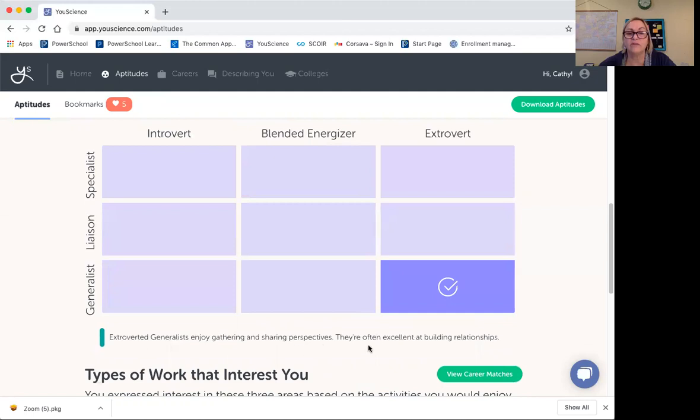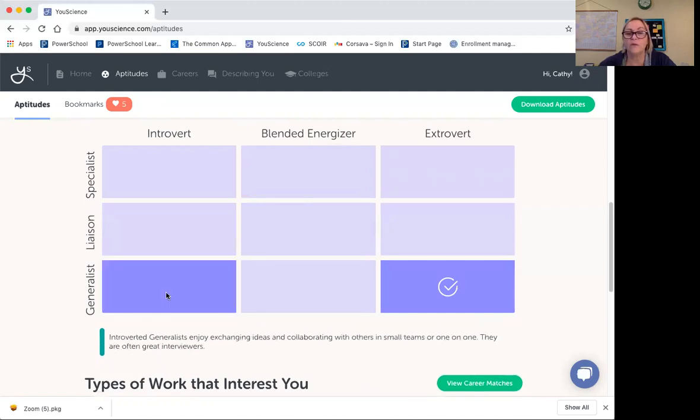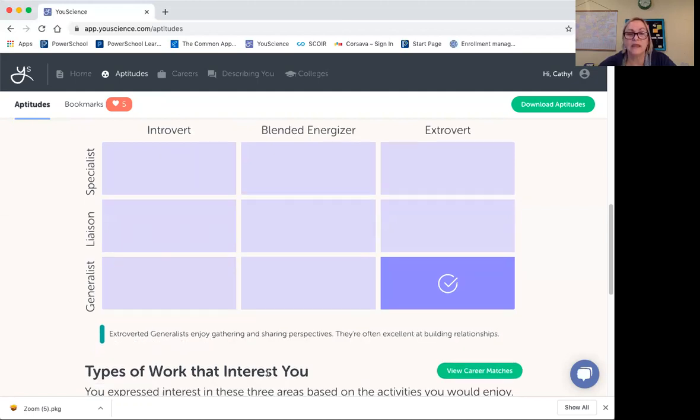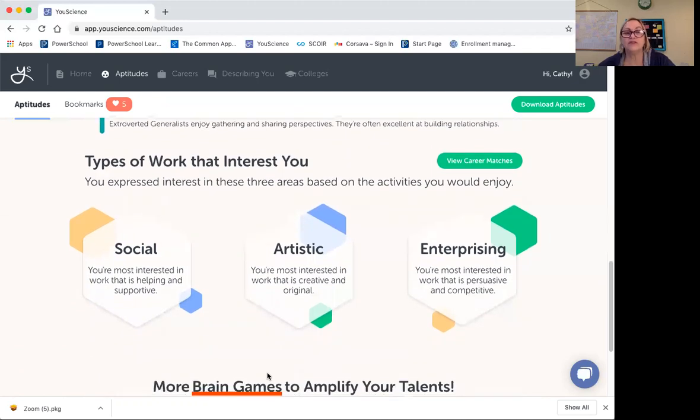If you look down here, it says what it says about this person. And then the types of work that interest you. This is the interest inventory part. Two people might love medicine, but if one person is very interested in working in a social way, in being helpful and supportive, that person is likely to become a physician that works with patients.